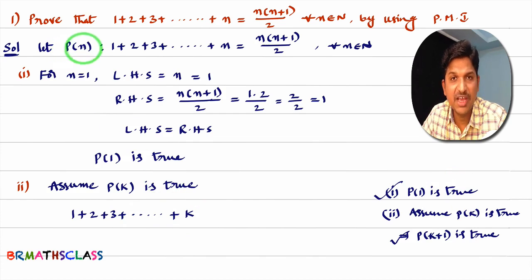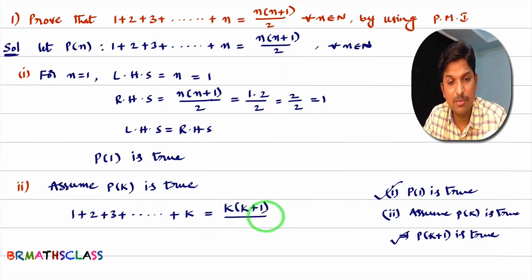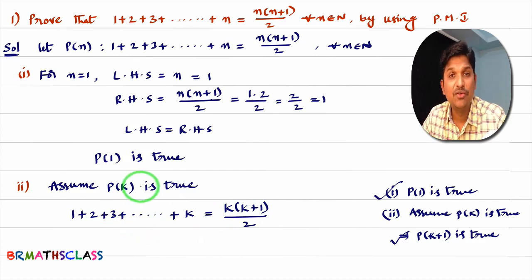In this P of n, wherever n is there you write k. Then you will get P of k equal to k into k plus 1 divided by 2. So this is P of k. You assumed that this is true. We are assuming that this is true. By using this information, you need to prove that P of k plus 1 is true.